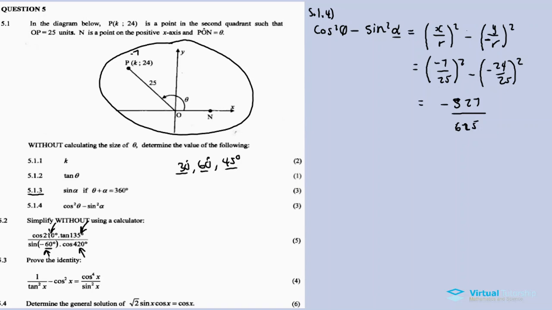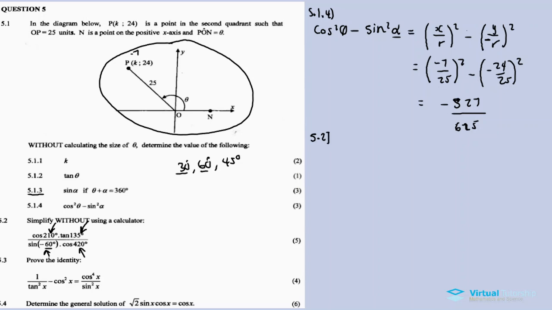The 210 must be reduced, the 135 must be reduced, the 420 must be reduced. This one there's no need to reduce since it is already a special angle, but there's a problem with the negative sign. This is a negative angle. Let us simplify this one again.